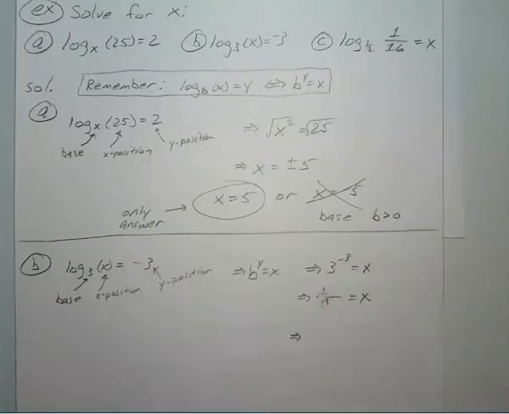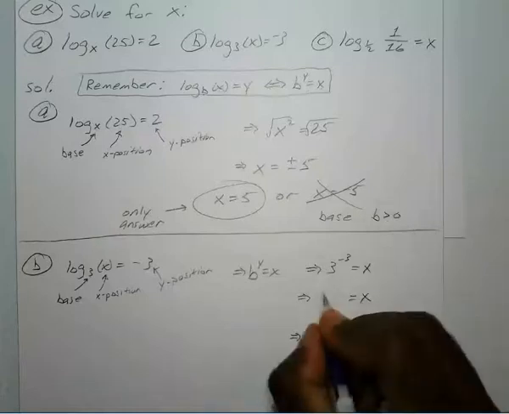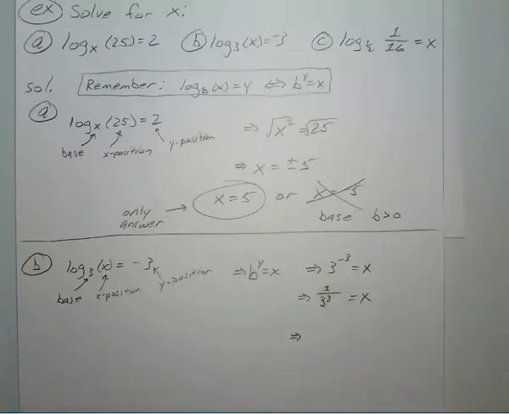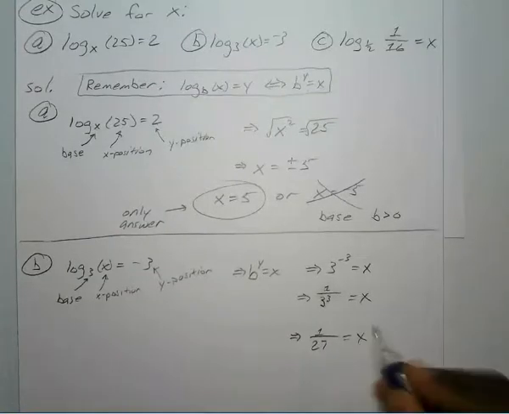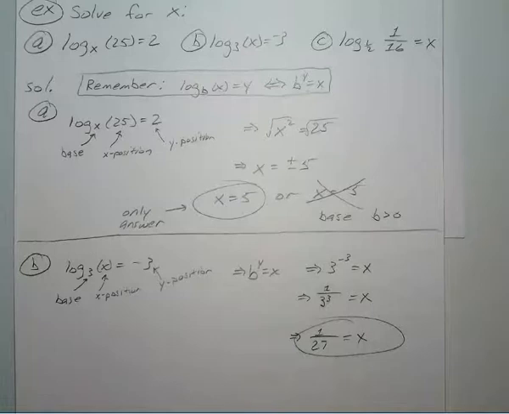Actually, that's bothering me because it's not very clear. Okay, so that's 1 over 3 to the power of 3. There we go. I feel a little bit better about that one. Okay, so that's 1 over 27 is equal to x. Okay, so once you convert it to exponential form, you're set here. It's just remembering your rules of negative exponents.